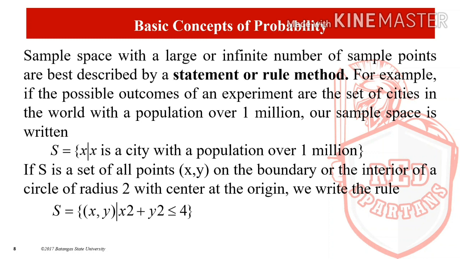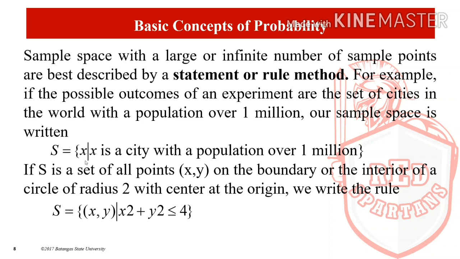You might run out of time or paper writing the sample points. So when the number is large or infinite, we use the statement or rule method. Here is the answer: S is equal to open brace x such that x is a city with a population over 1 million. So all cities with over 1 million population are included there.